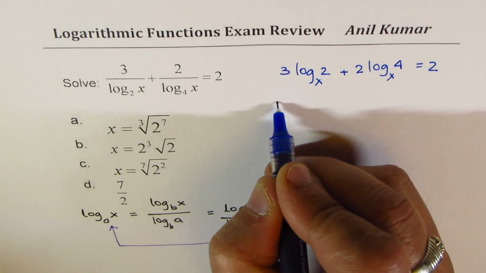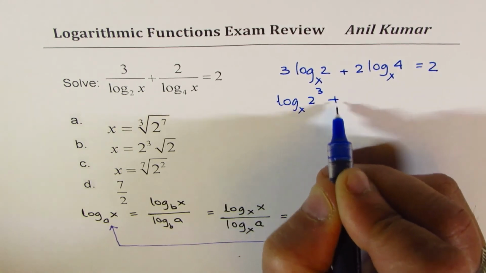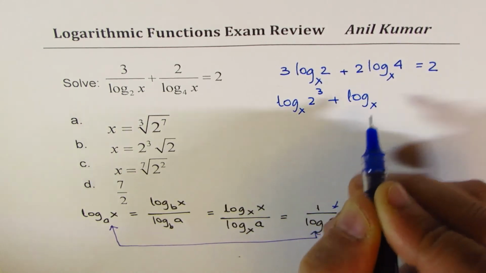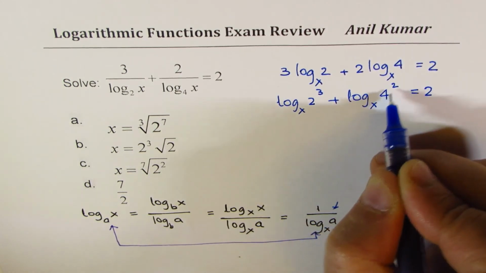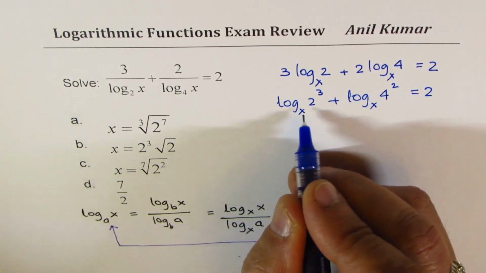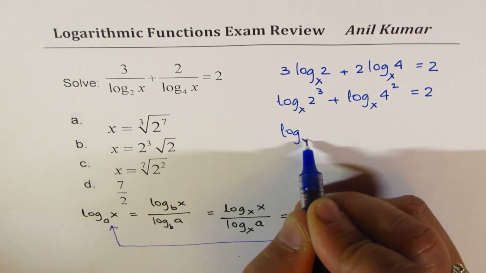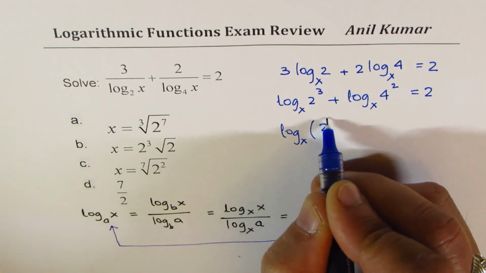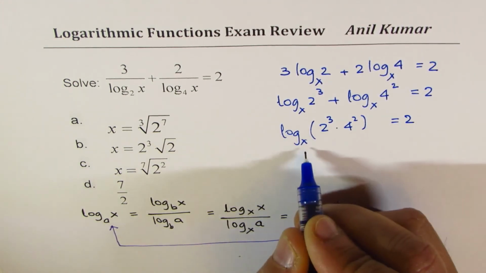So we could write this as log to the base x of 2 cubed plus log to the base x of 4 squared. Now we can apply the logarithmic rules, writing this as a product, correct? 2 cubed times 4 squared equals 2.